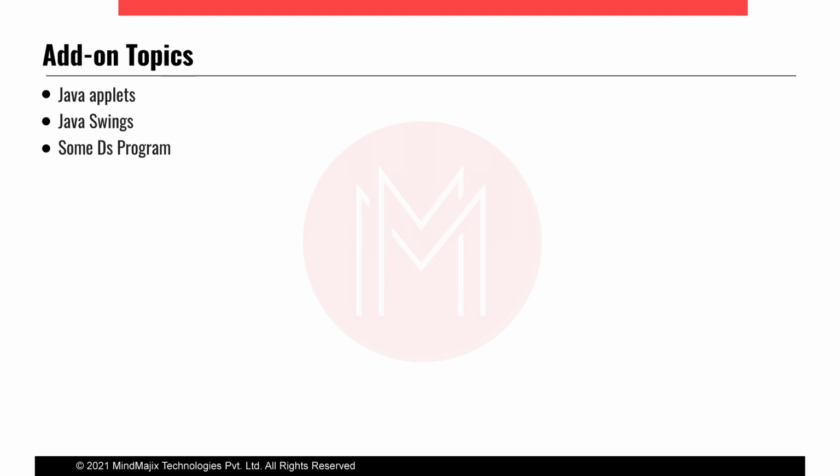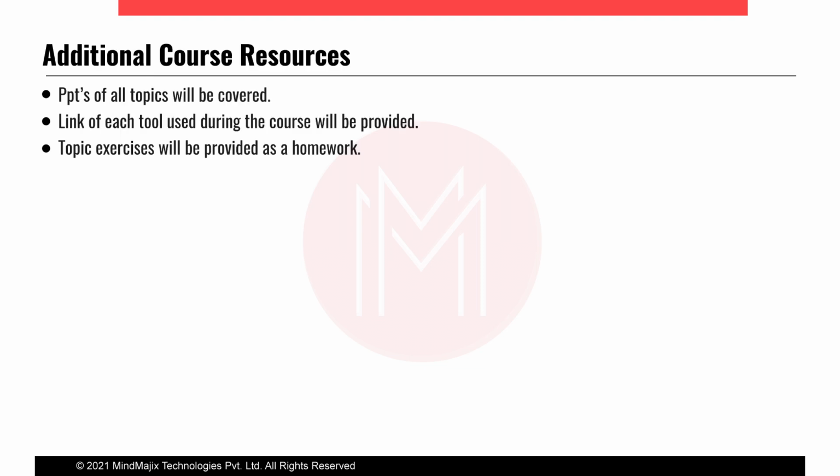These are the add-on topics: Java applets, Java strings, and some data structure programs related to your interview purpose, which help you to crack interviews, based on algorithms and DS concepts. Some DS programs will be covered during the topics, like when we have arrays or any other collection topic, we will cover that topic with the data structure program.